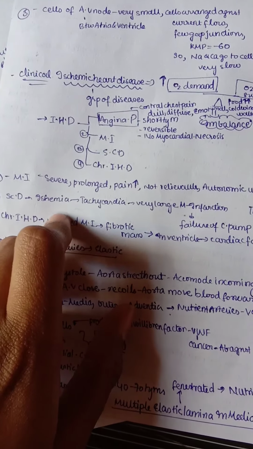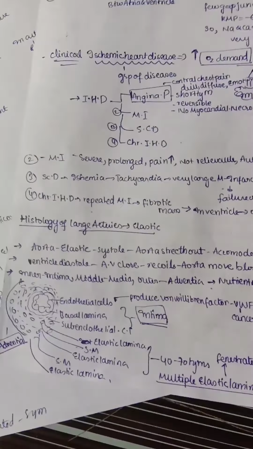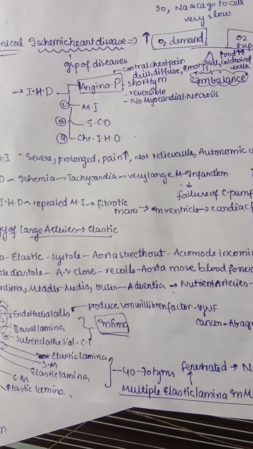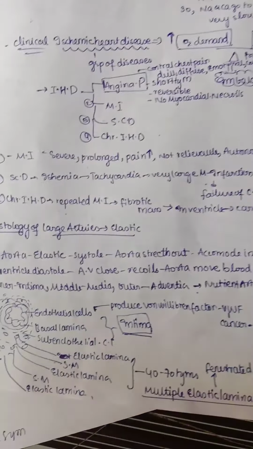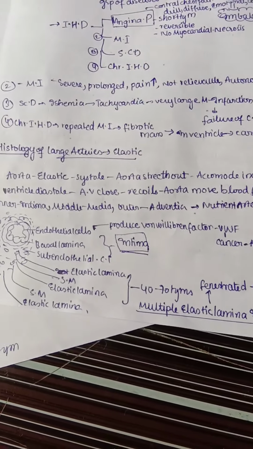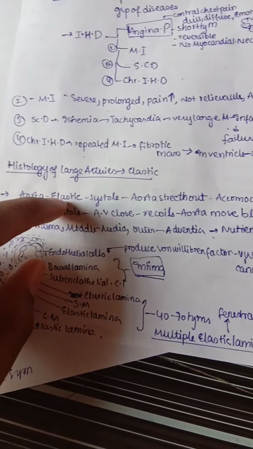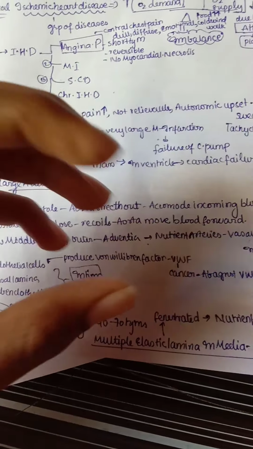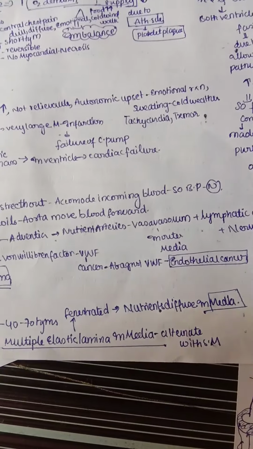Next we have sudden cardiac death. It is caused by ischemia, tachycardia, very large myocardial infarction, and failure of the cardiac pump. And chronic ischemic disease is nothing but repeated myocardial infarction, where a fibrotic mass is formed in the ventricle and leads to cardiac failure. Now let us see the histology of large arteries, that is elastic arteries. The aorta is an elastic artery which during systole needs to stretch out, so that it can accommodate the incoming blood and the blood pressure is maintained normal.